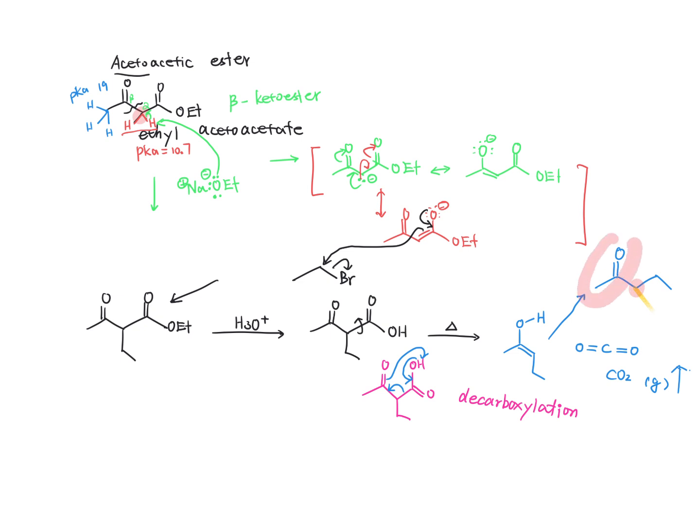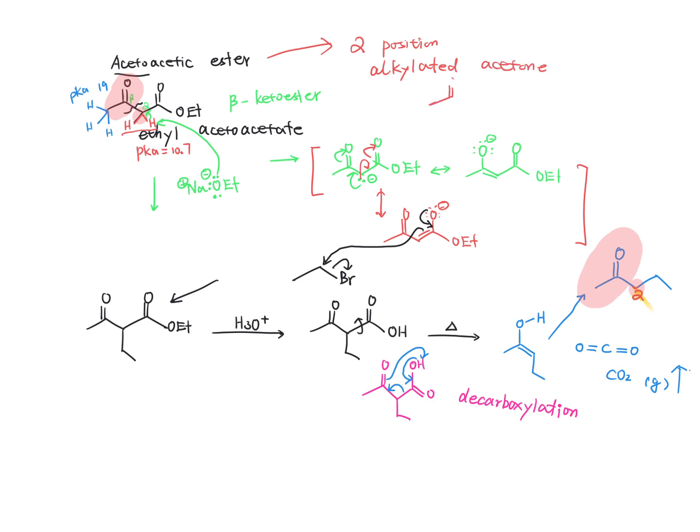This part is your acetone that comes from the beginning, and we exclusively substitute on one side at this alpha carbon, which originally came from the alpha position sandwiched between the carbon-oxygen double bonds. So that is acetoacetic ester. What we achieve here is alpha position alkylated acetone.